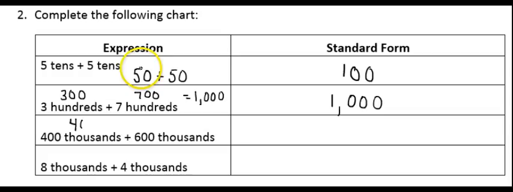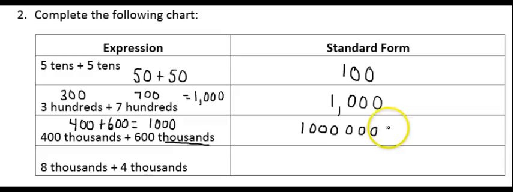Well, 400 plus 600 equals 1,000 thousands. So to write 1,000 thousands, I would write my 1,000, and if I were to multiply this by 1,000 again, it would get 1,000 times as large. So 400 thousands plus 600 thousands is 1,000 thousands, or 1 million.